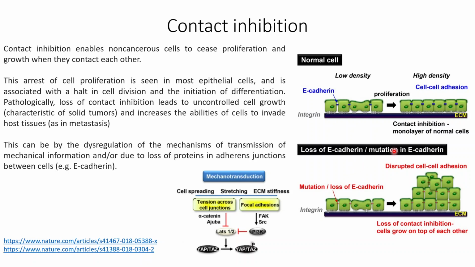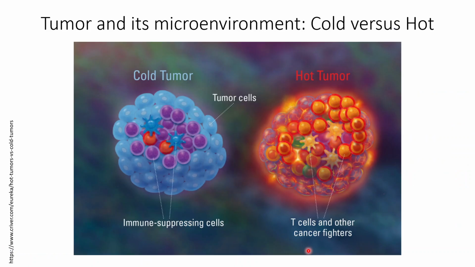If you lose E-cadherin or you have mutated E-cadherin, it will not sense this. And I think there is a crosstalk between the actual molecular signaling as well as the mechanical signaling. And that leads to this crazy adhesion and these piles of cells, okay, and they grow on top of each other. So there are various different mechanisms as to why contact inhibition is lost, how it really works. And these are some of those, okay.